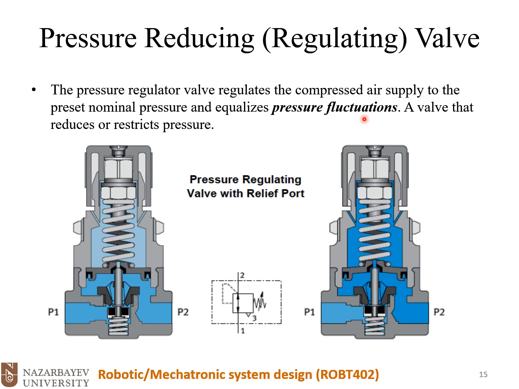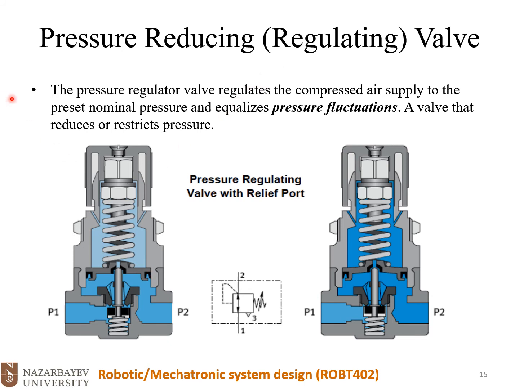Of course the output pressure of a compressor is not constant and consistent. However, in our system, we want to have a reliable, constant air pressure. So to avoid fluctuation of the pressure at the output of a compressor, it's a very common practice to have one of these pressure regulators or pressure reducing valves. I will explain why we call it reducing.